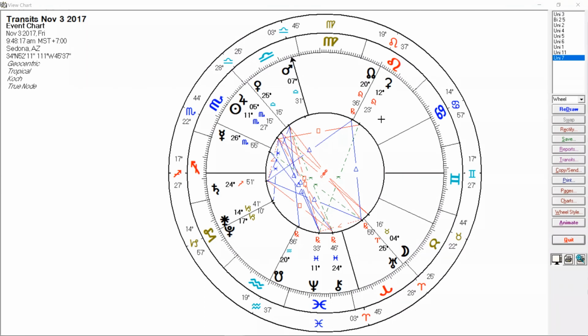So this brings us to understanding that there's no such thing as an aspect that is doomed to create problems, or an aspect that guarantees success.